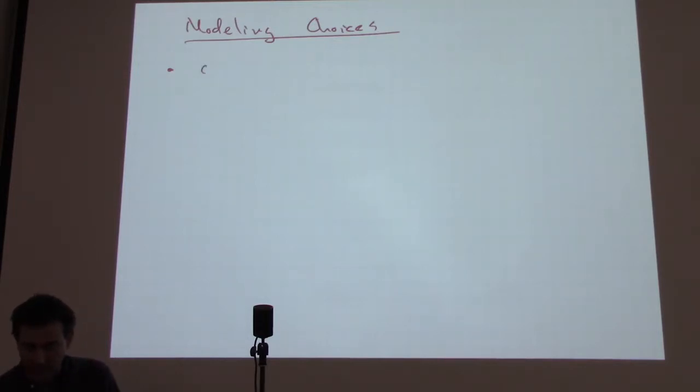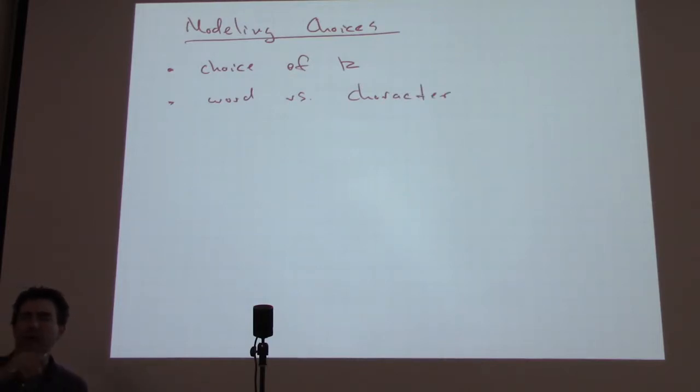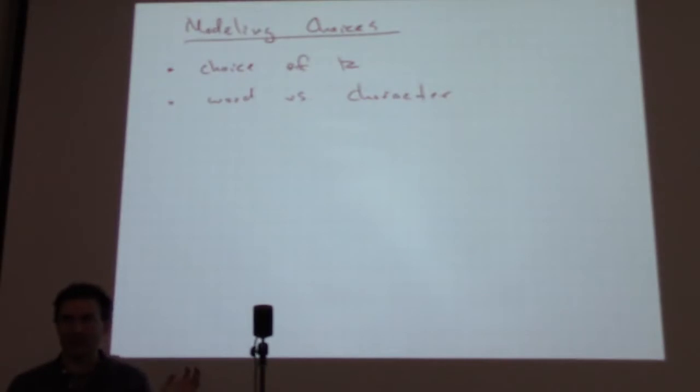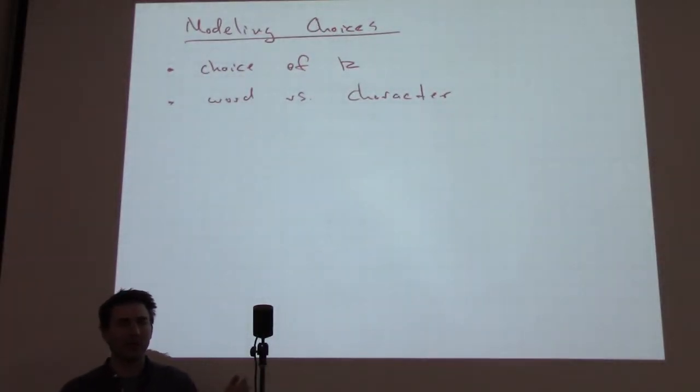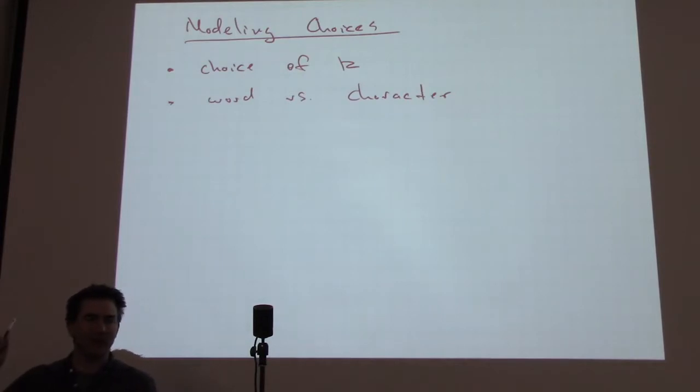And the first thing was the choice of K, right? And I also talked about word versus the character. Did I group things, shingle things based on the words or based on the characters? Right, but there were other implicit modeling choices up there as well. So what other ones did you notice that I also made in those examples?